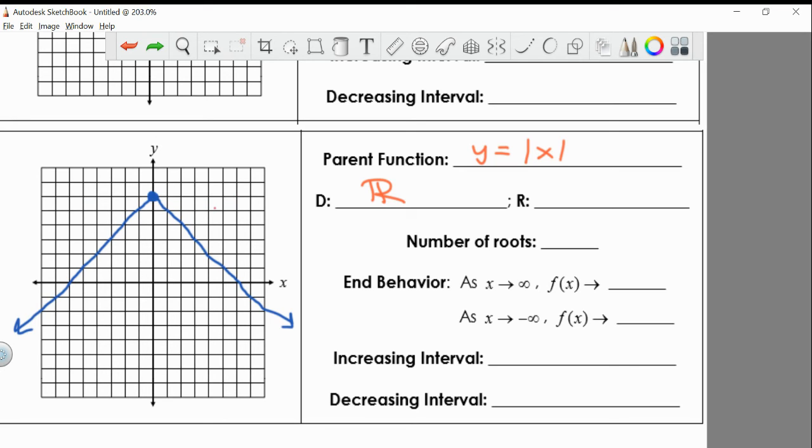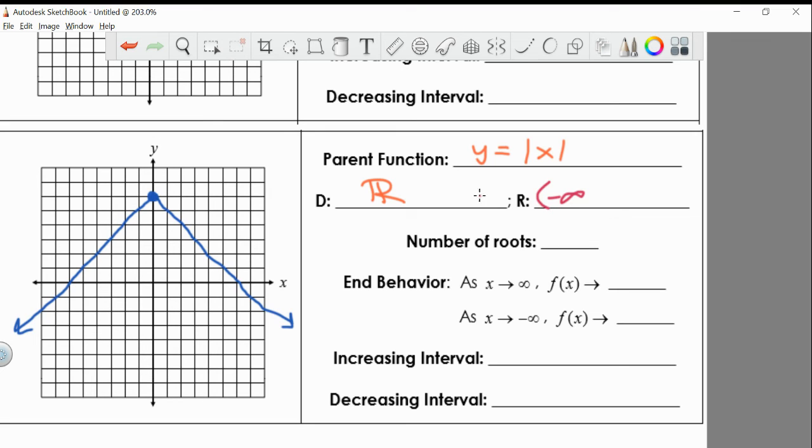So when I'm writing my range, I'm going to write what is the lowest number that is included. Well, 0, -1, -2, -3, -4, -5, -6, -7, -8. The lowest number that I'm going to include is negative infinity, right? My graph is all the way down at negative infinity.